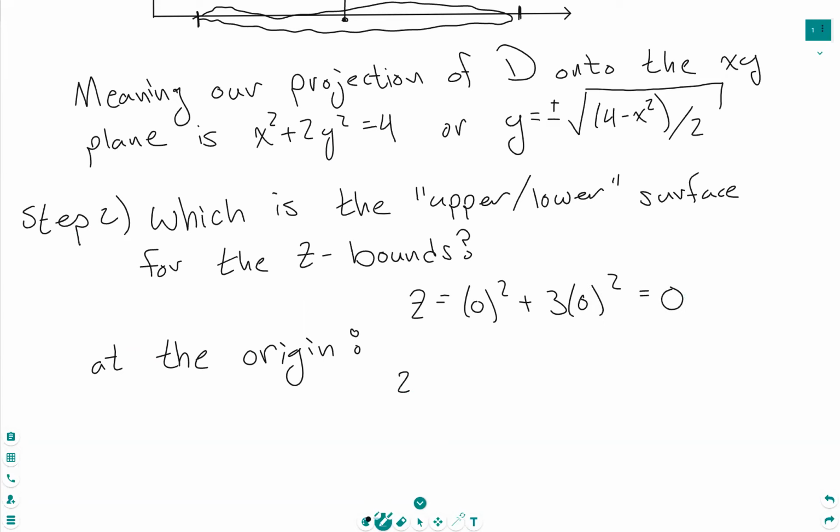And then we also have that z is equal to 8 minus 0 squared minus 0 squared. These were our two functions; we're plugging in x and y. This is equal to 8. So this one is our upper function, and this one is our lower function.